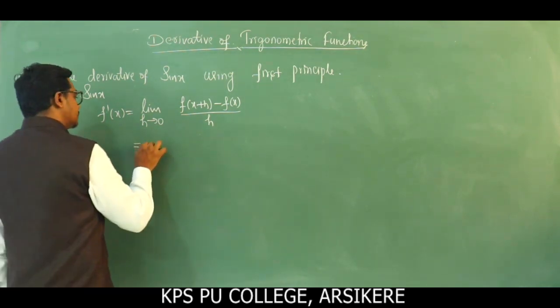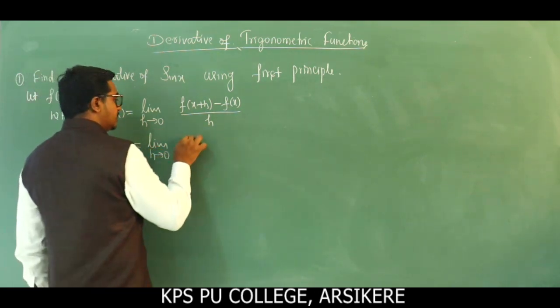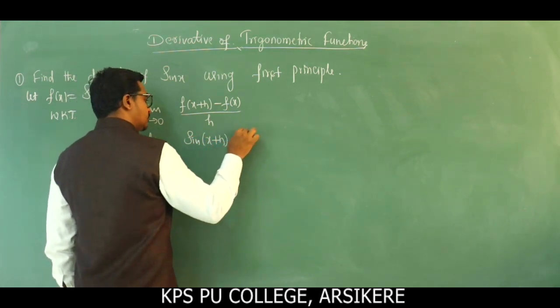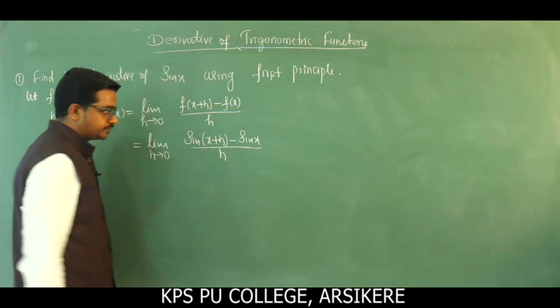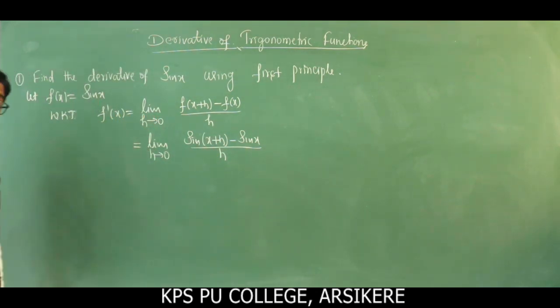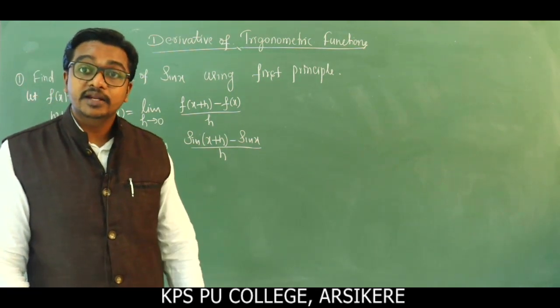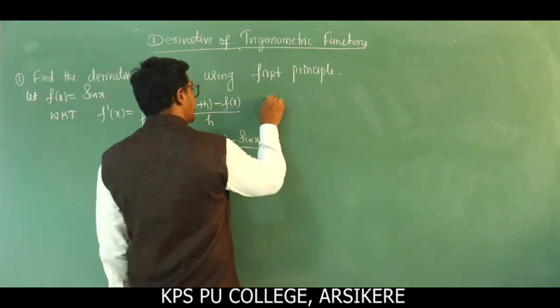So now this becomes limit as h approaches 0 of sin of x plus h minus sin x divided by h. Just remember the formula, sum to product of trigonometric functions, sin c minus sin d.